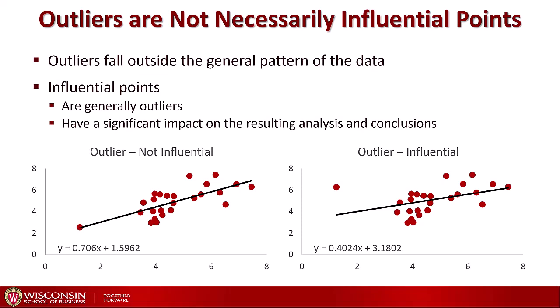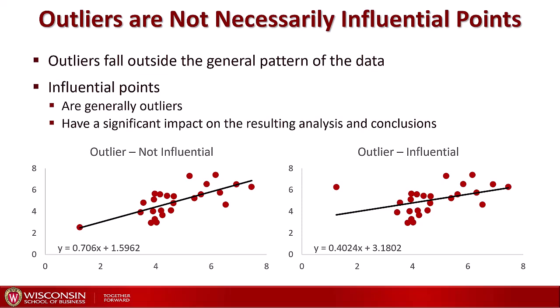Outliers are points that fall outside the general pattern of the data, but they may or may not be influential. Influential points, however, are generally outliers. If there is one single point that dramatically influences the overall pattern that we believe exists in the data, it probably by definition is an outlier. But not all outliers are influential points.